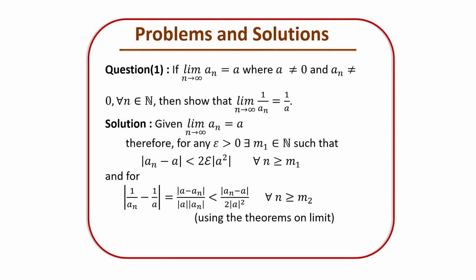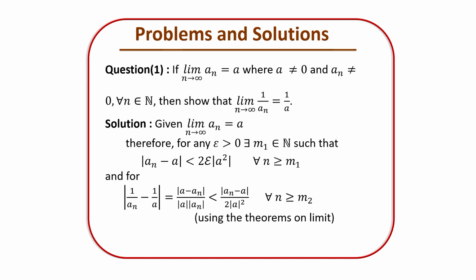So how do we prove it? For proving this problem, you have to take epsilon in such a way that it comes out as per demands. Since the limit of the sequence is given as a, I am going to use the definition of limit of sequences. What was the definition?